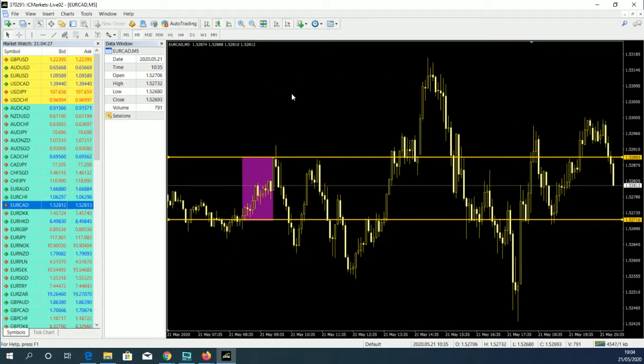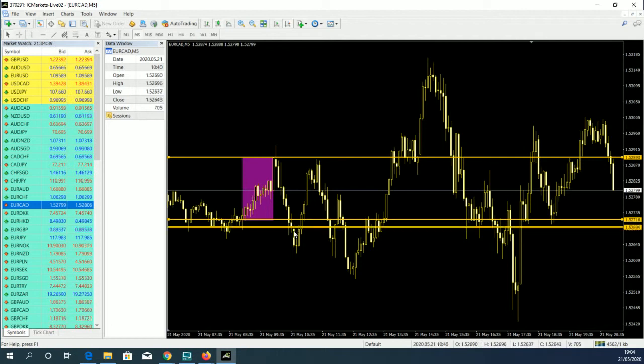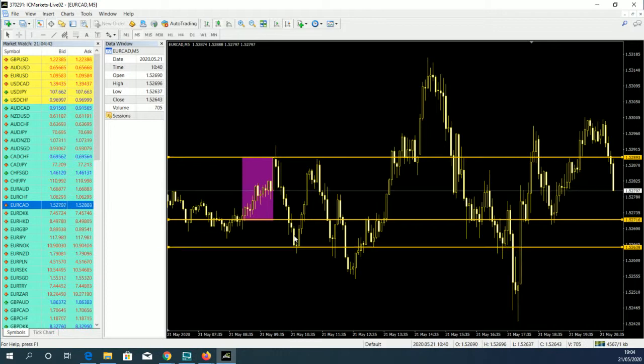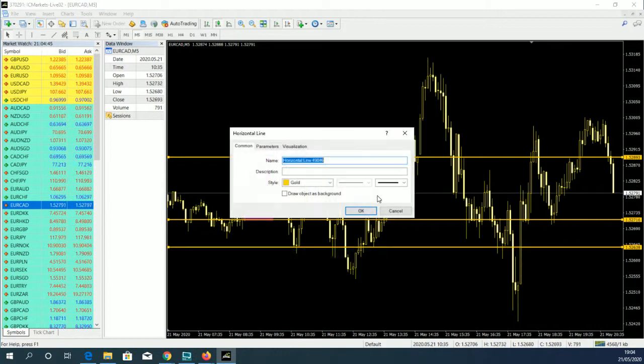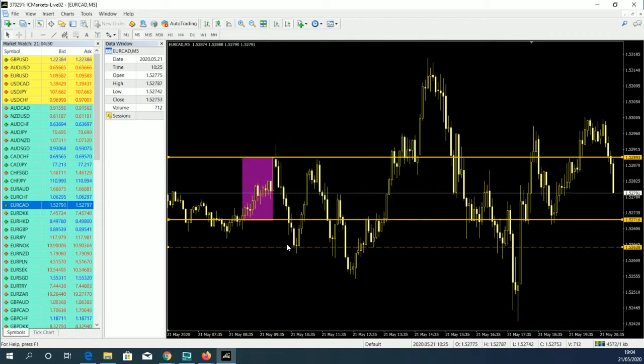Okay, so for this one here, you went into a trade right here. You went to a sell at the close of this bearish candle here. Right at the close of the bearish candle, you went to your trade there.